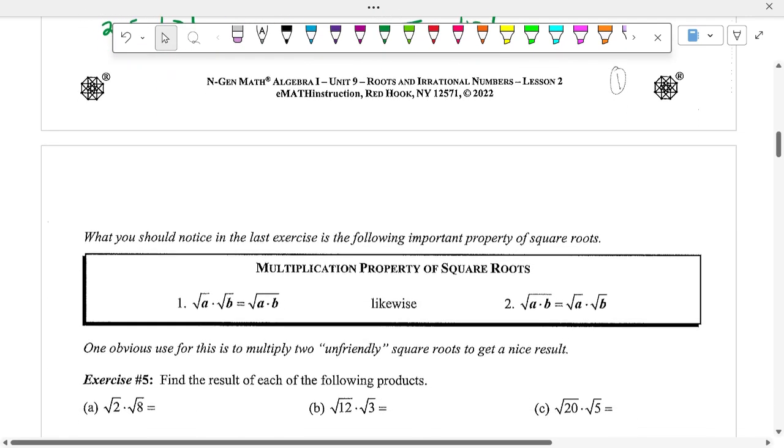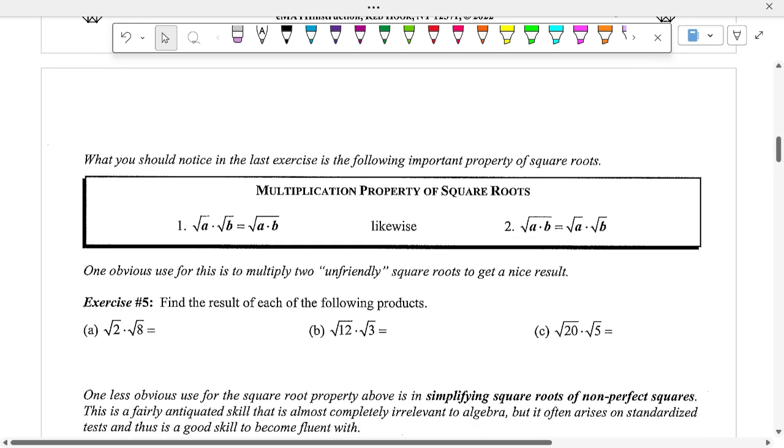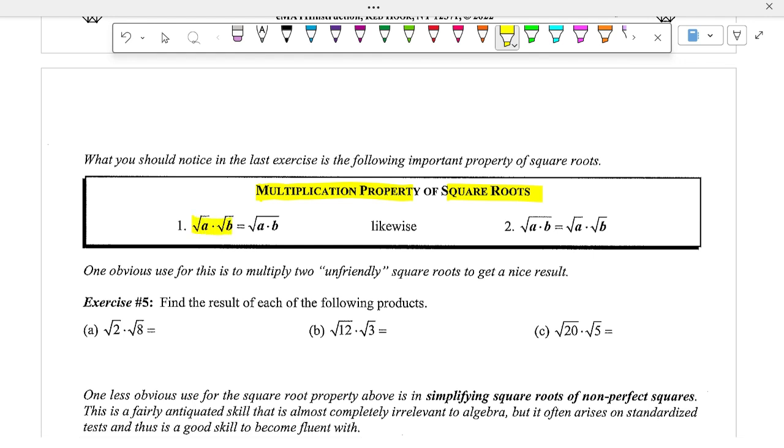So that is the property here. The multiplication property of square roots is simply if you have the square root of A times the square root of B, so two separate radicals, it is the exact same as the square root of A times B. And the opposite is true.